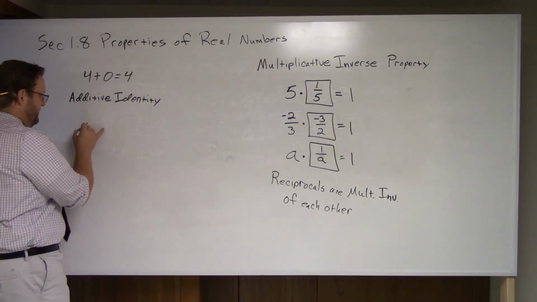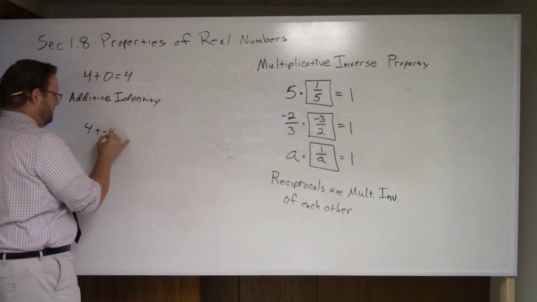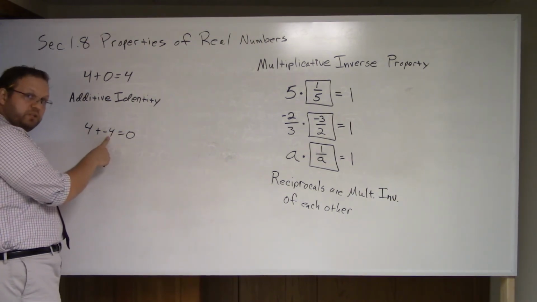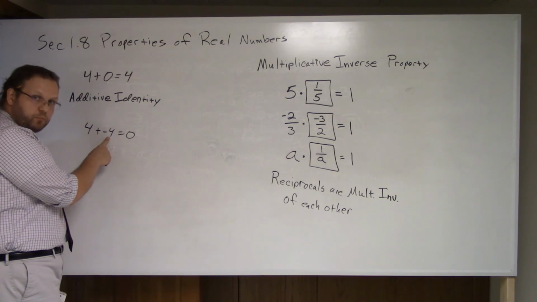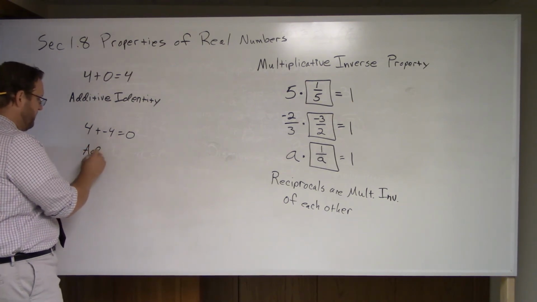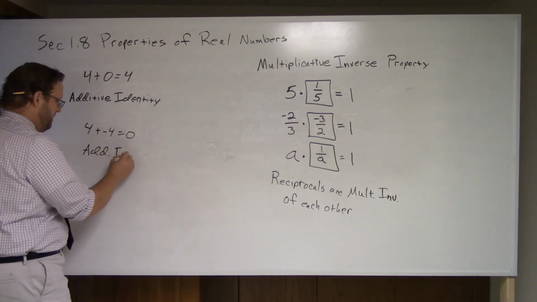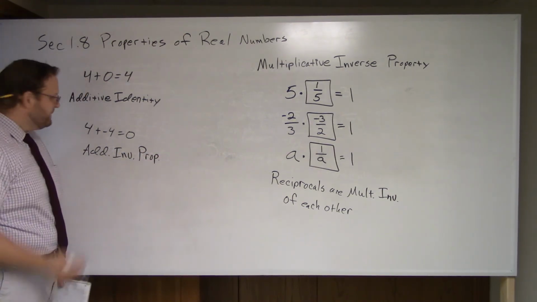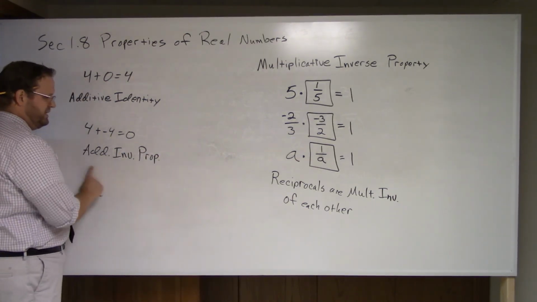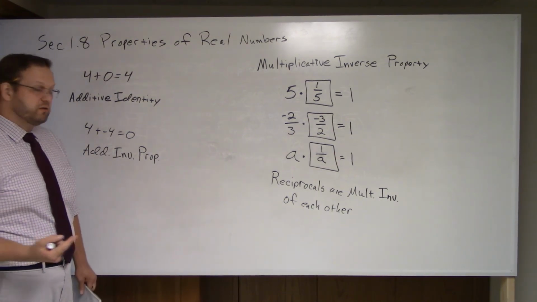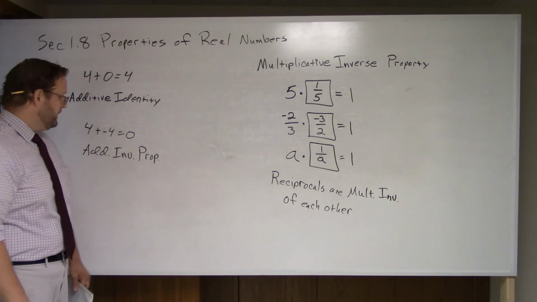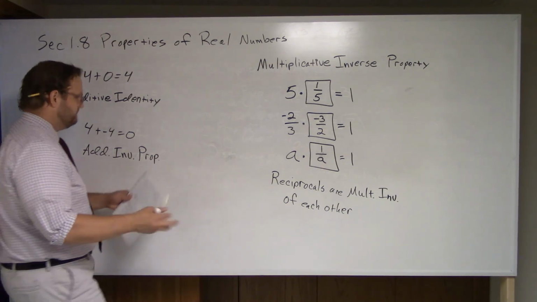If this was like this, here we're using that opposite, which is the additive inverse property. Okay, I personally am okay with these abbreviations, but if you have another instructor, double check with them to see if that's okay or if they want you to spell out the whole thing. Okay, how about this?